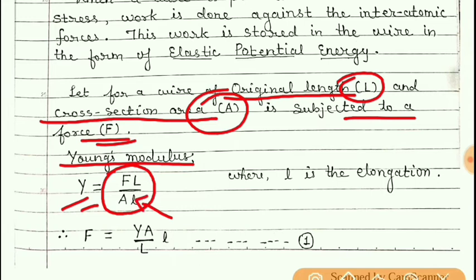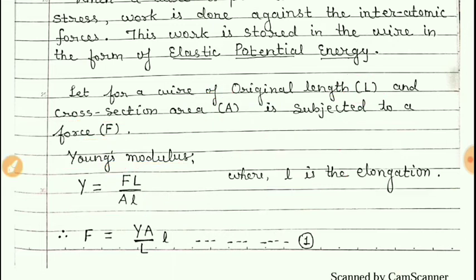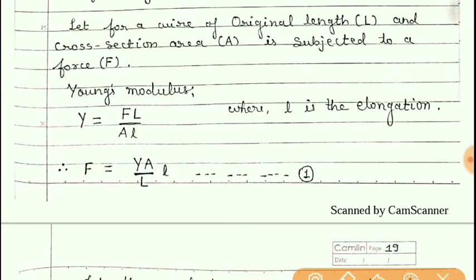Now what is this small l? This small l is nothing but the change in the length. Generally we denote it by delta L, if the actual length is L. But here this elongation of the wire, that is the change in the length, is considered small l. So we have written this Young's modulus.